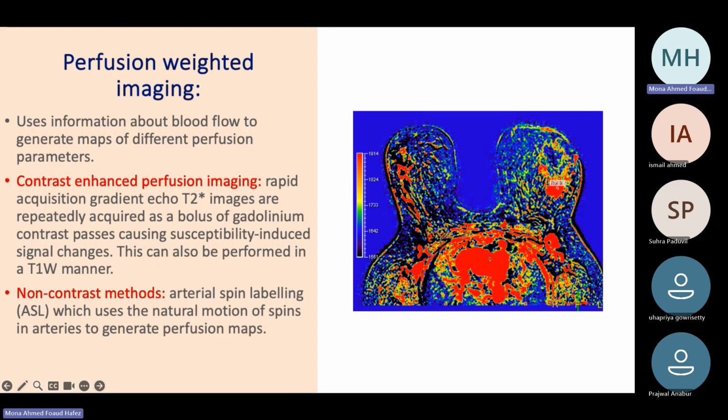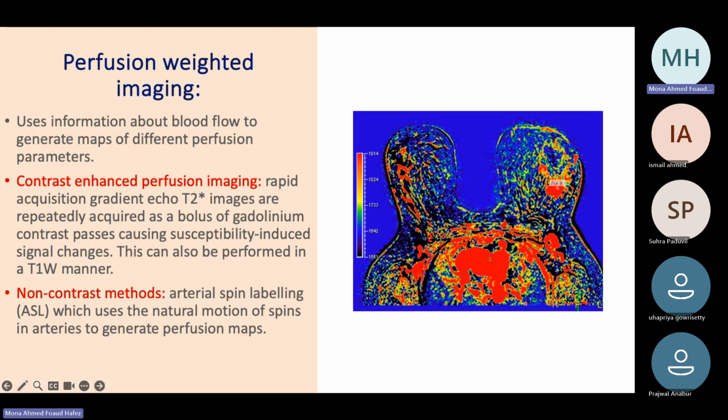We also have perfusion weighted imaging, which uses information about blood flow to generate maps of different perfusion parameters. It can be contrast enhanced, using rapid acquisition of gradient echo T2 star images repeatedly acquired after a pulse of gadolinium contrast, causing susceptibility-induced signal loss, and it should be performed in T1 because of the contrast.